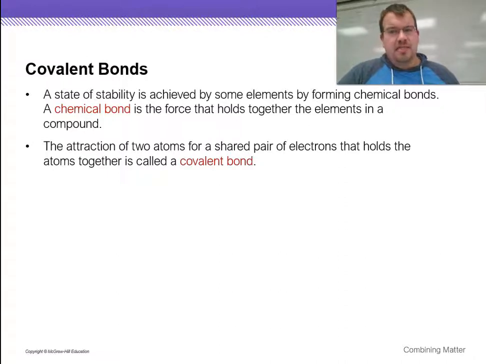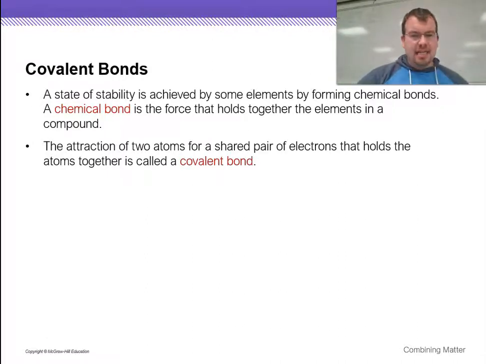The reason to do this is that it lowers their potential energy and makes them more stable, and that's what these elements are looking to do. That's what builds literally everything around us, even us. We're made of atoms and how those atoms interact. It builds from atoms to compounds to molecules, and it keeps expanding and building.